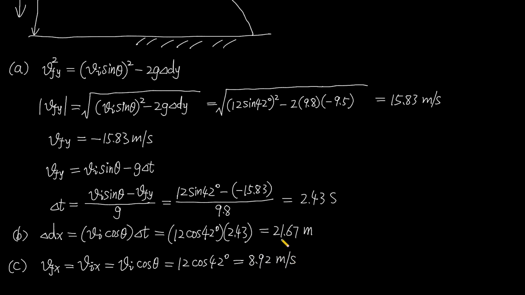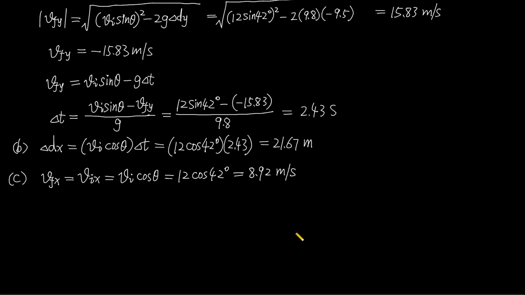This is the final horizontal velocity. Its horizontal velocity is constant. The initial horizontal velocity is the same as the final horizontal velocity. Then for the final vertical velocity, we already got it. This is negative 15.83 meters per second.